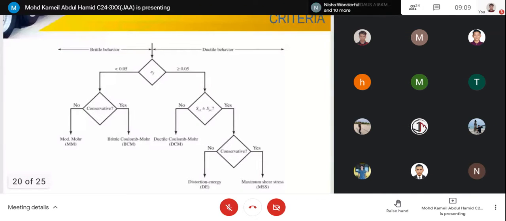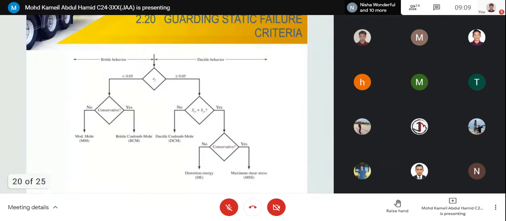The behavior can be divided into this kind of diagram. Epsilon is the strain, the changes in length from the original.